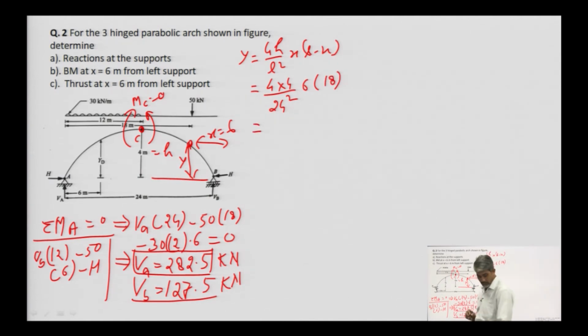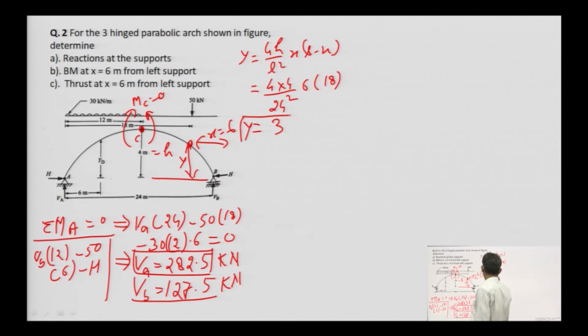So, this value y d can be calculated as 16 divided by 24 square multiplied by 6 into 18, that is 3.